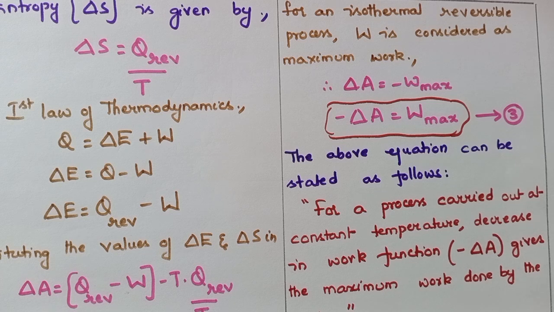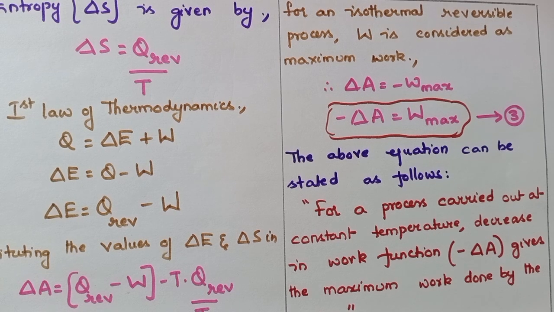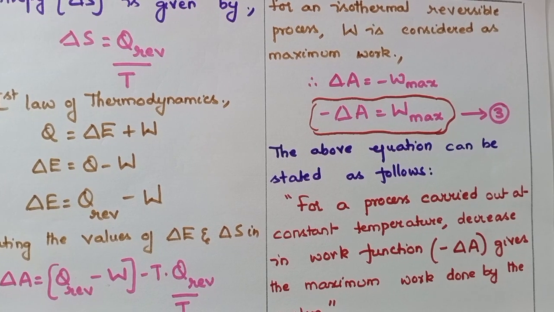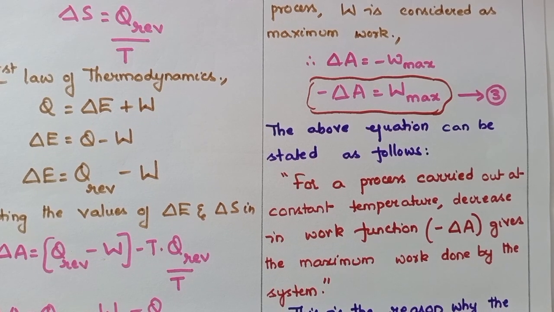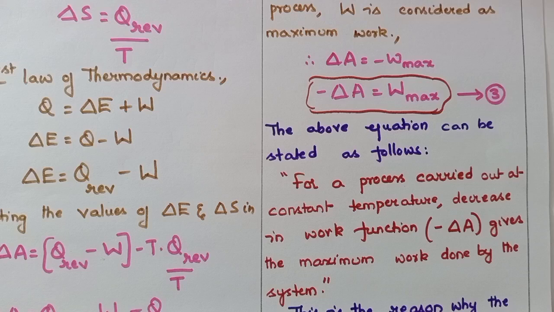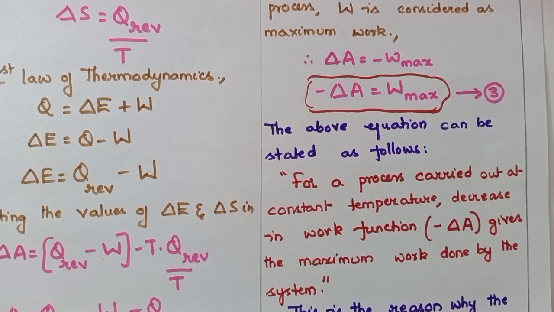So, we have considered the change taking place at constant temperature. So, below write down. For a process carried out at constant temperature, put it in inverted commas. For a process carried out at constant temperature, it is minus delta A, right?